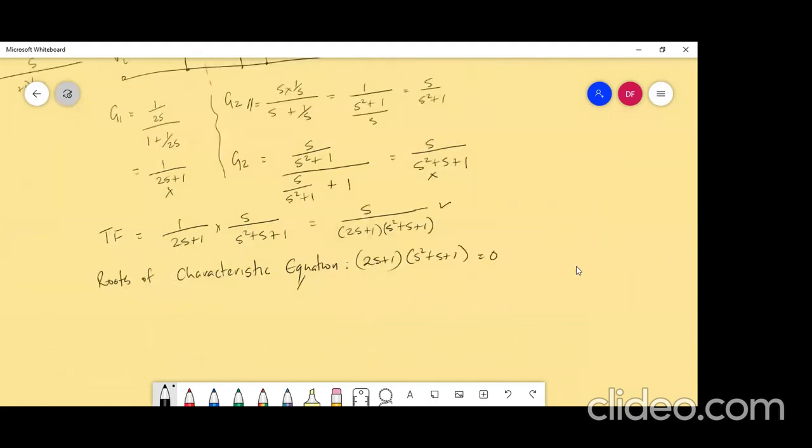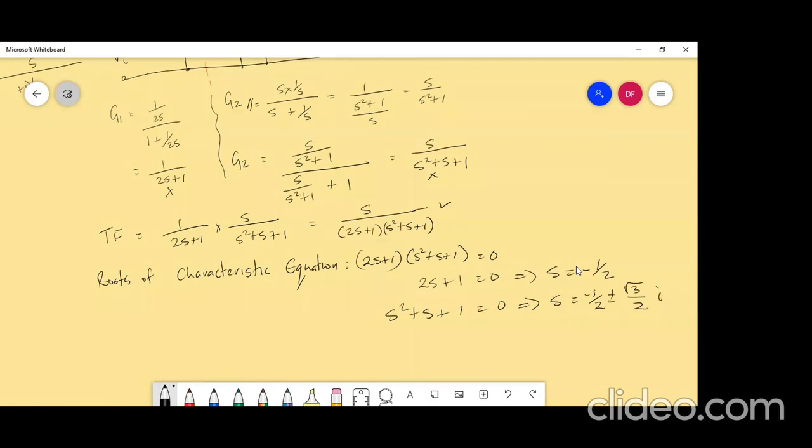We use a quadratic formula or MATLAB. So 2s plus 1 equals 0 implies that s is equal to negative a half, and s squared plus s plus 1 equals 0. Whatever method we use, what I got was negative a half plus or minus root 3 over 2 i.